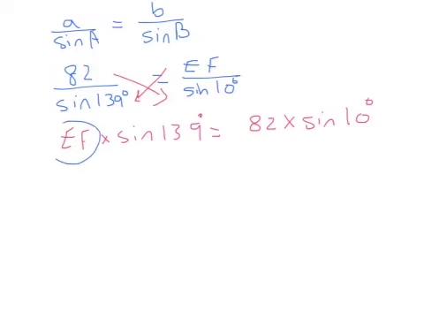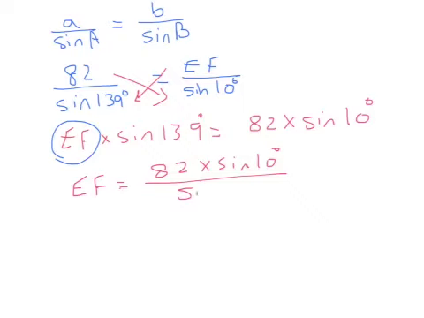Now we have to make EF the subject, therefore the next step would be EF equal to everything on the other side, which is 82 times sine 10, divided by whatever is next to the EF, sine 139 degrees.